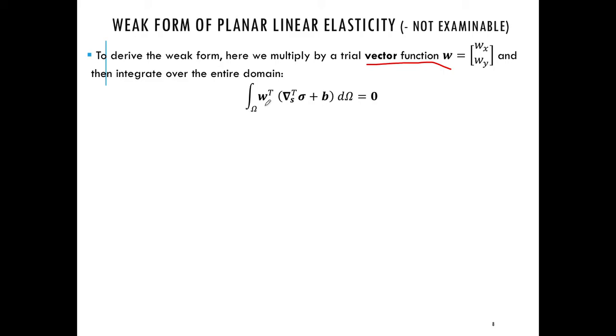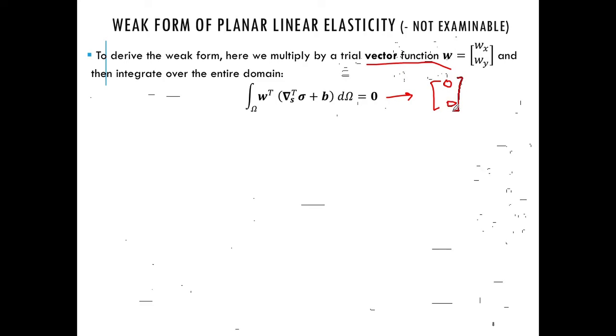Now it's very important to look at this carefully, that there are things which are written in bold script. So W is bold, this del S is bold, sigma is bold, B is bold, everything is bold, even this 0 right here is bold, because all of these are vectors or tensors. In other words, they are all matrices. Even the null vector 0 actually consists of two zeros, 0 and 0.